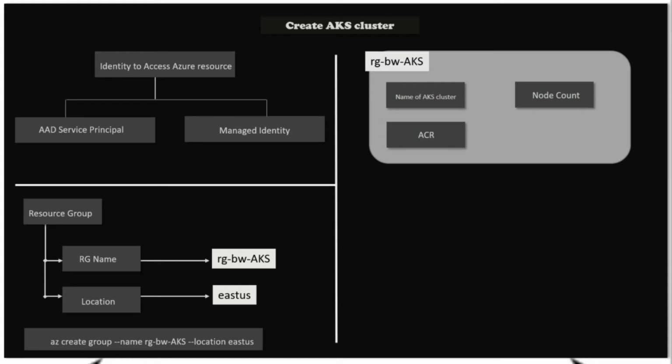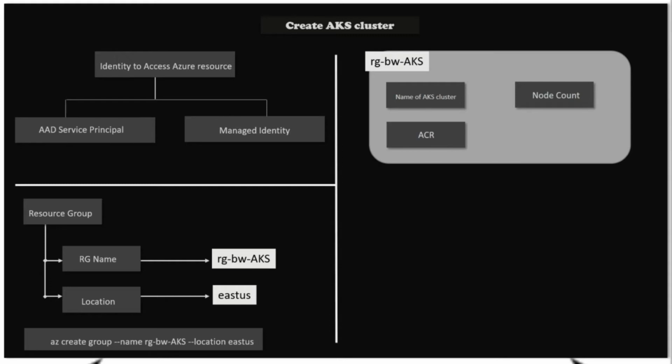You also decide whether you are going to use ACR or not. ACR stands for Azure Container Registry, which is a private repository for your images, and it will hold all your repositories. If you want to attach ACR, you first have to create the ACR.